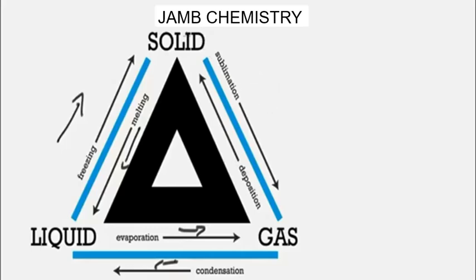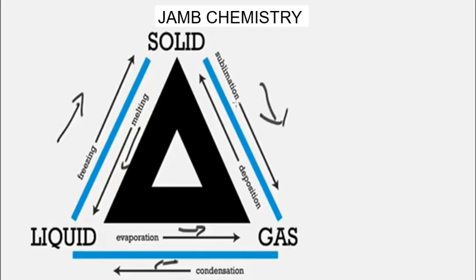Now let's look at this other side of it. This time, when matter changes from solid to gas, and when it changes from gas to solid. When matter changes from solid to gas, we call it sublimation. For instance, your camphor. When you keep camphor in a particular place for a week or more, and you come back to look for it, you see that the camphor has become very small.